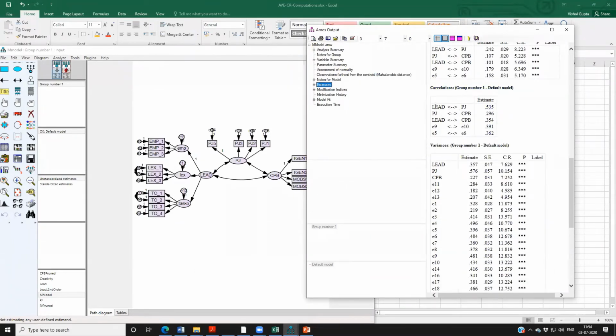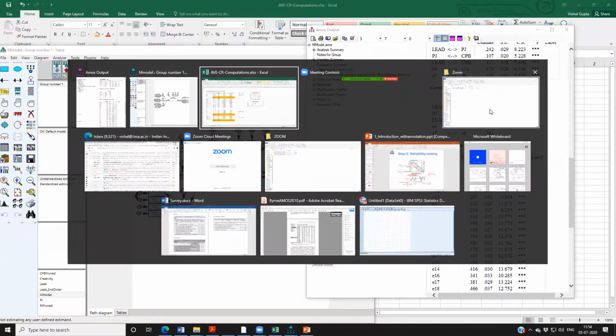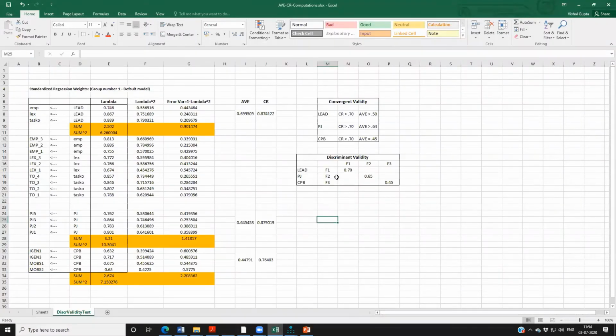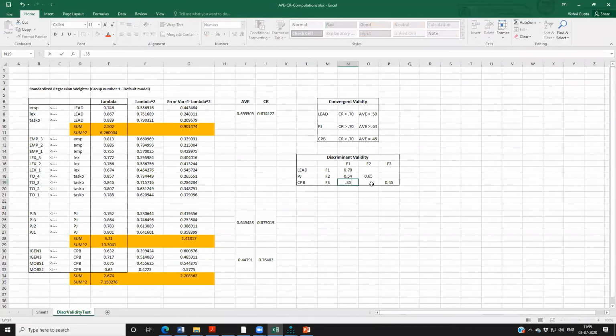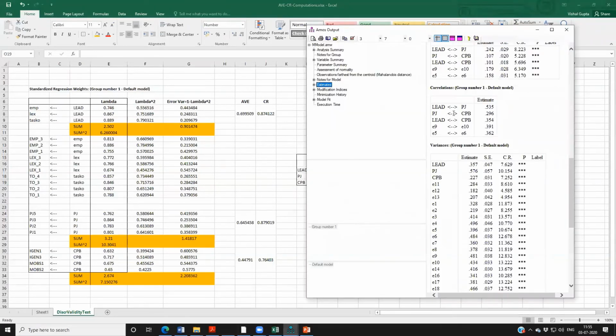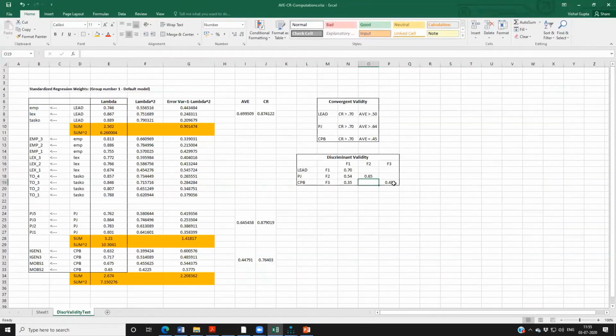So the correlation between lead and PJ is 0.535. Correlation between F1 and F2, lead and PJ, is 0.53. Correlation between lead and CPD is 0.35. And F2 and F3, that is PJ and CPB, it is 0.296.